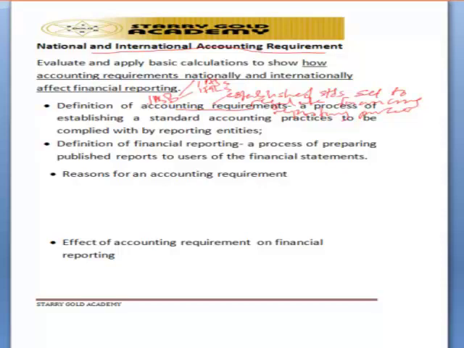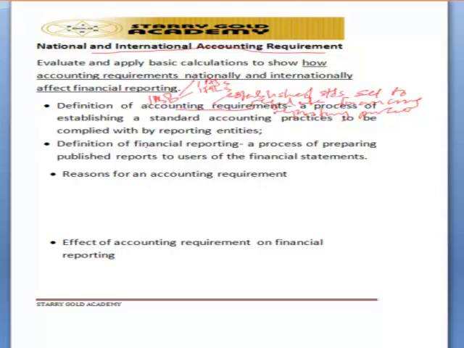We'll also be looking at the structure of the roadmap for the application both for quoted and unquoted companies in our later discussion. Now that is about what an accounting requirement means.